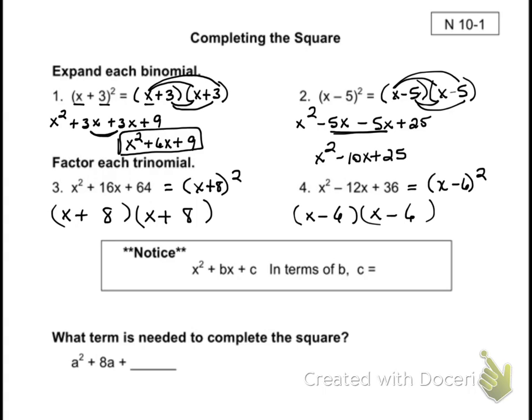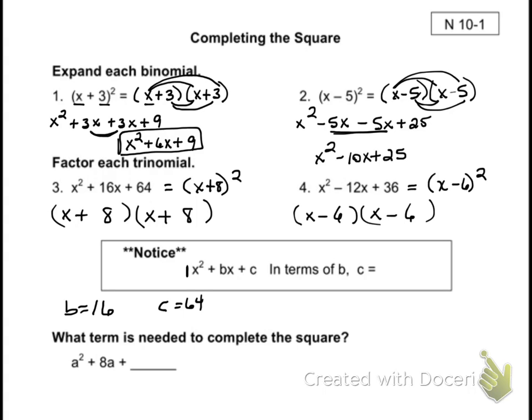Now, I want you to notice what's happening here. If you have x squared plus bx plus c, that means that the a is 1. There's always a 1 there. In terms of b, in other words, b in the number 3 problem is 16, and c is 64.